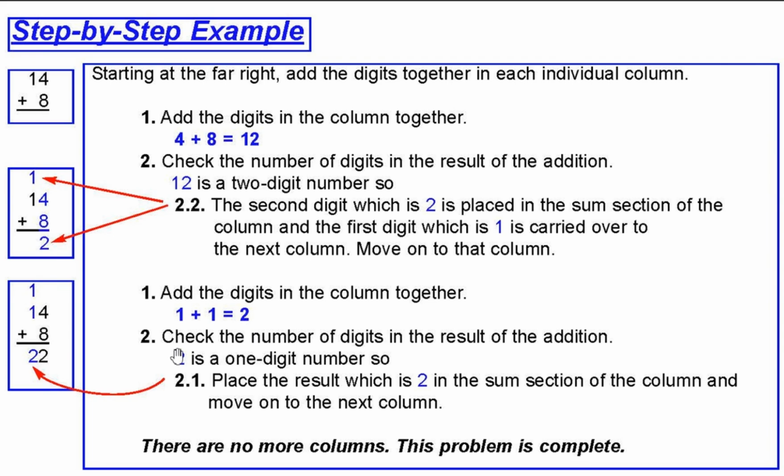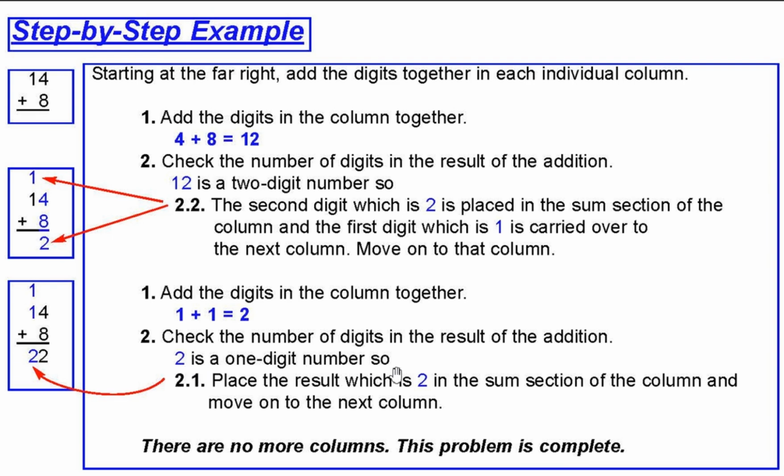Next, check the number of digits in the result of that addition. 2 is a one-digit number. As you can see here, this result consists of only one digit, and that digit is 2.